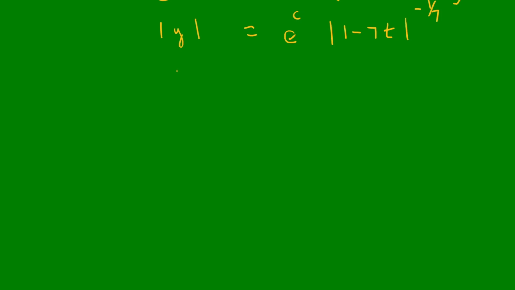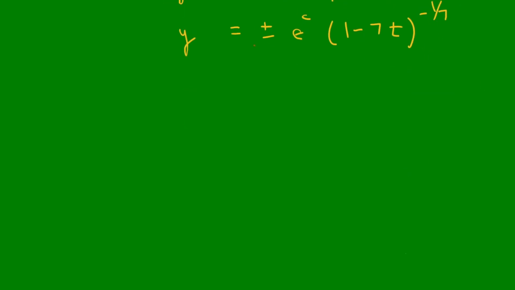Now we can eliminate the absolute value signs by writing y is equal to plus or minus e to the c times 1 minus 7t raised to the negative 1/7. Our solution has to be a function, so it has to be either plus or minus e to the c.